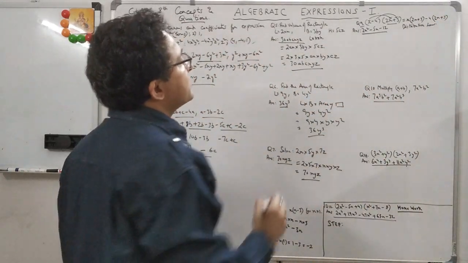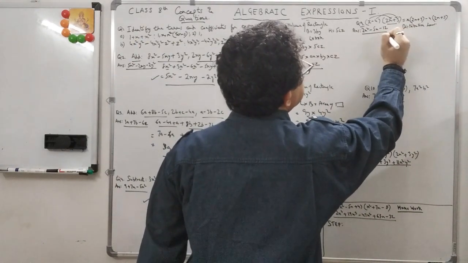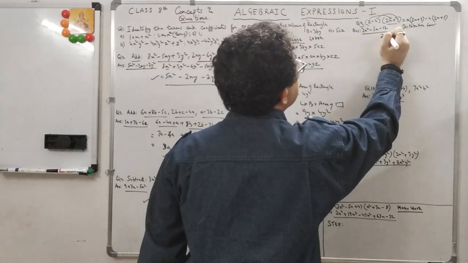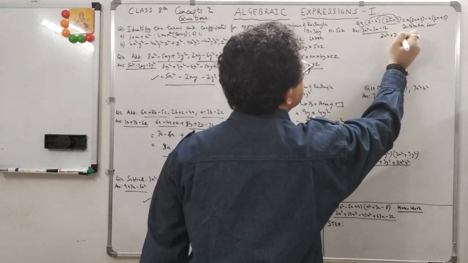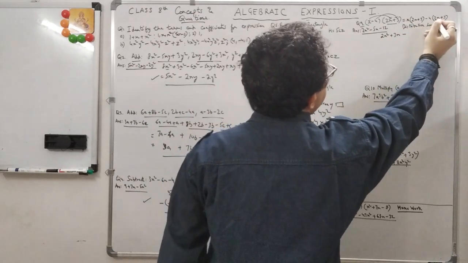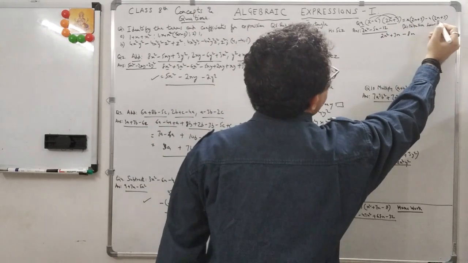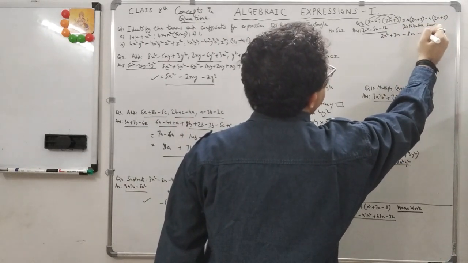So now we just expand this. This is 2x square plus 3x minus 4 into 2x, which is 8x, so minus 8x. Minus into plus is minus, and 4 into 3 is 12.